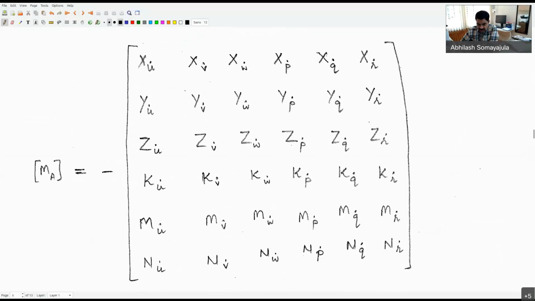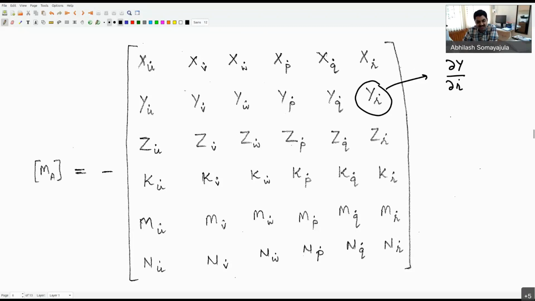Those of you who have taken my course on maneuvering and control of marine vehicles are familiar with this representation which you see here. But for those of you who have not, these represent partial derivatives. For example, if I take any term here, this represents the partial derivative of the sway force with respect to r dot, or the acceleration in some sense.